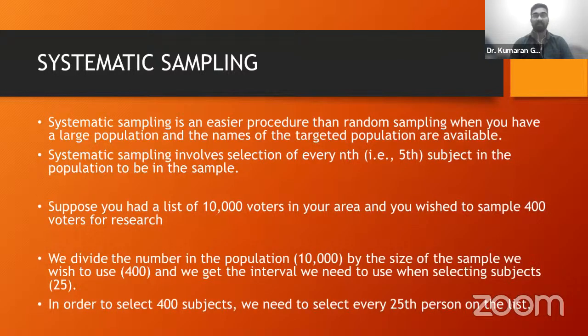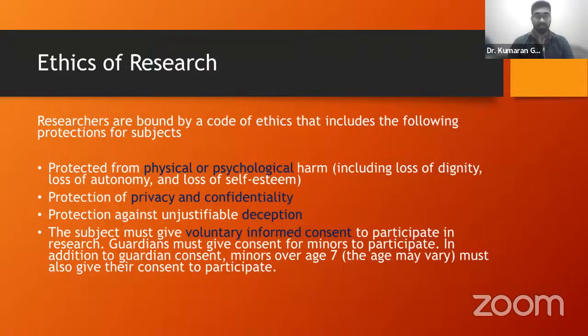It can also be used by most researchers because we prefer to use quantitative, but it depends on the researcher which kind of method they want to use. So we already saw the sampling. Now we have to see the ethics of research.